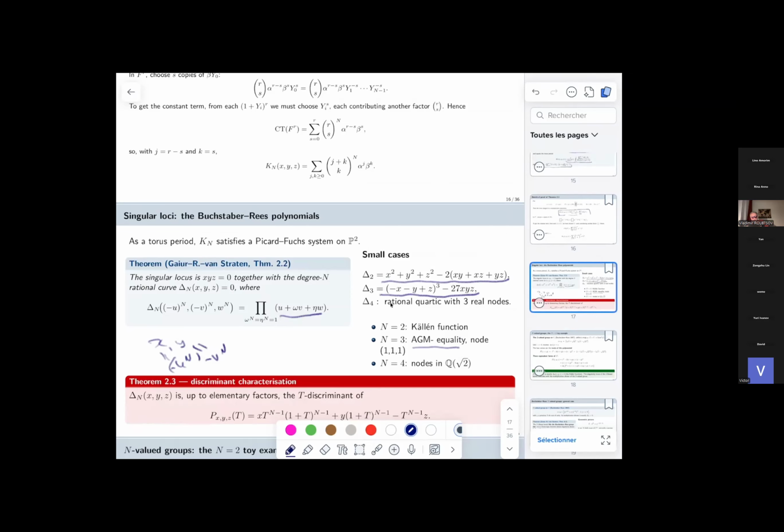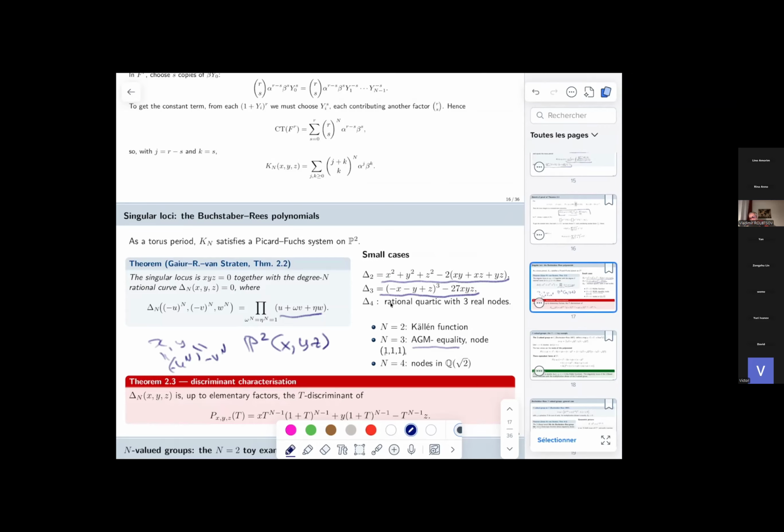And as a curve, it is a curve in P2 with coordinates x, y, and z. And this curve is a nodal curve. Of course, here is one node, 1, 1, 1.